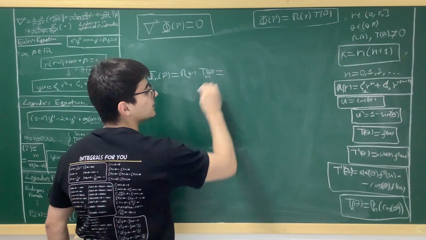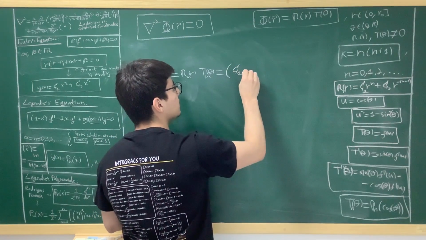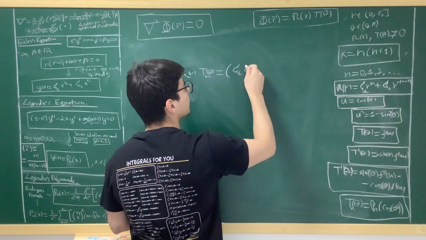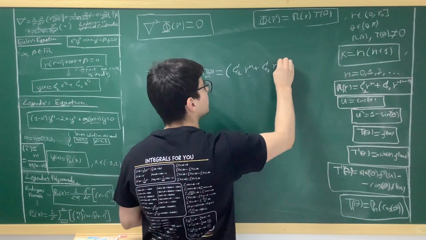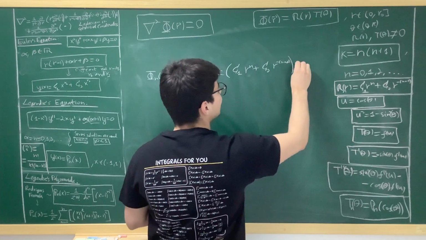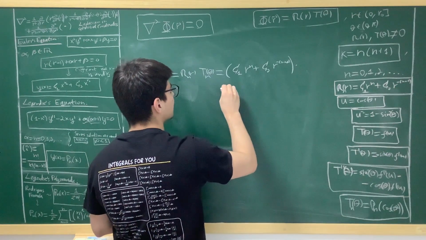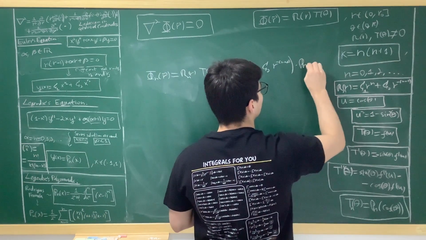In our case, C1 r^n plus C2 r to the minus n plus 1, times this.